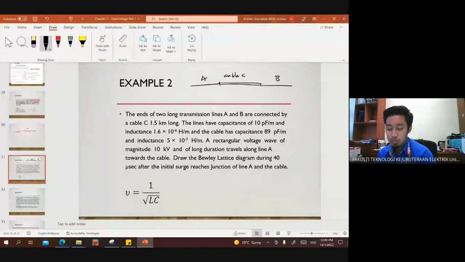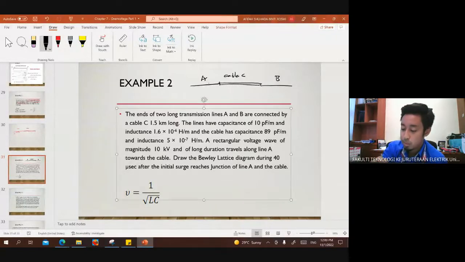So first you kena tulis dulu, lukis dulu: line A, line B, cable C. Okay, you must understand the question here. And then the second part, you must know the impedance. What is the value of L here, the C here, and then what is the value of Z1?